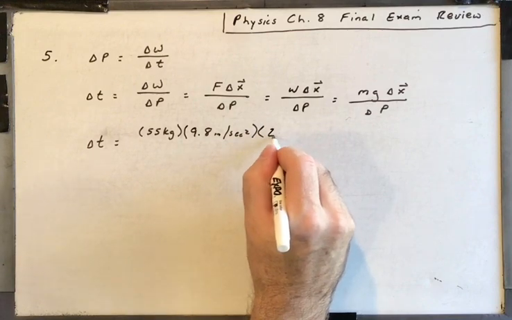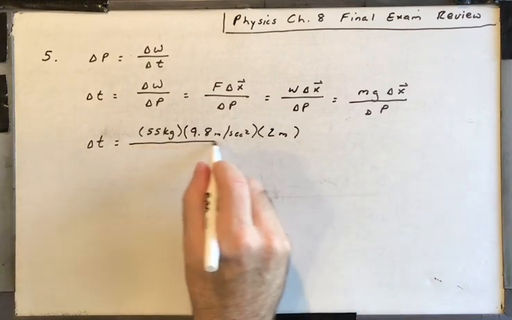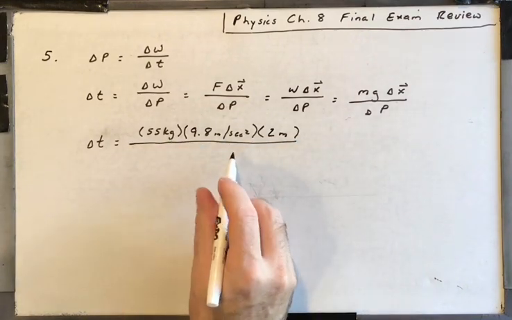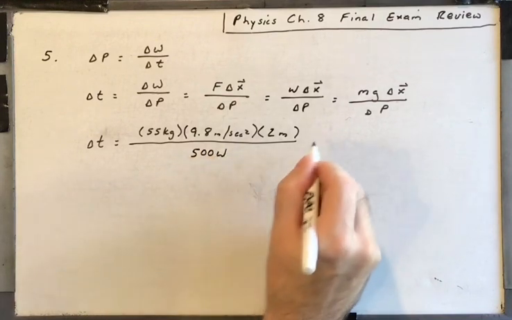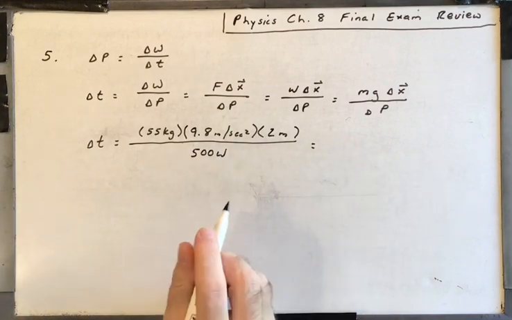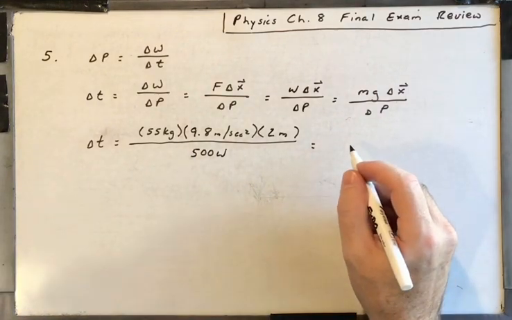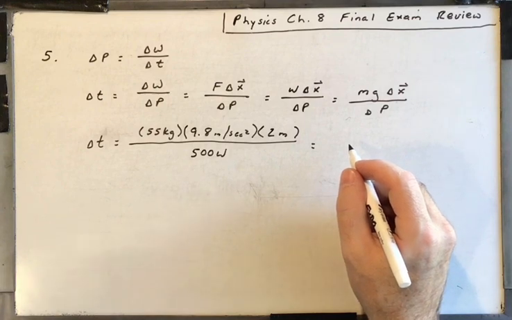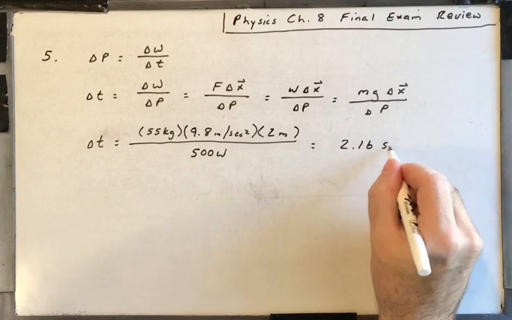That's pretty reasonable, a little over 6 feet, 6.5 feet. I think I thought this through a little when I wrote it about a dozen years ago. Over 500 watts. And that is 2.16 seconds.